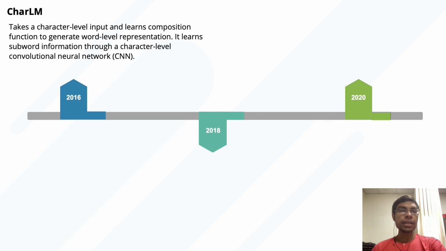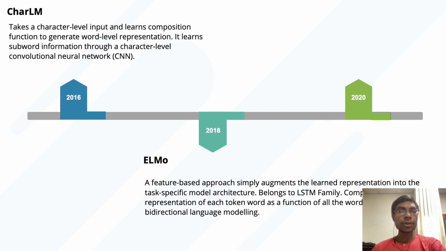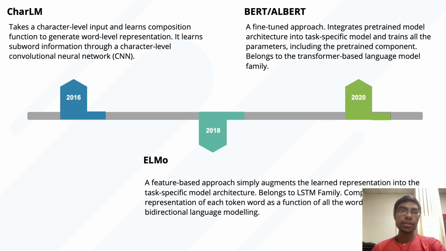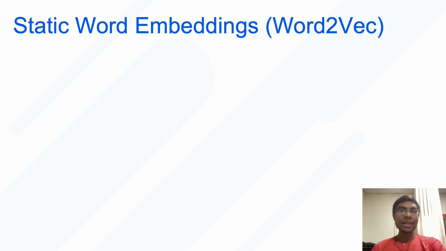And further, along the same line, character level embedding was proposed in 2016 using character level language modeling. And in the contextualized domain, first ELMo was proposed, which uses an LSTM encoder, and in 2020 the BERT contextualized model was proposed, which uses a transformer architecture. So let me talk briefly about these different approaches.